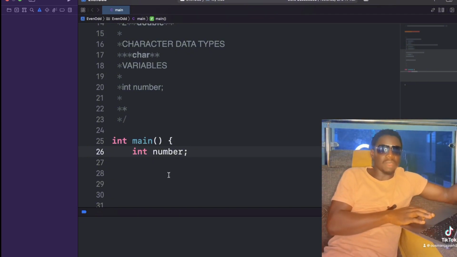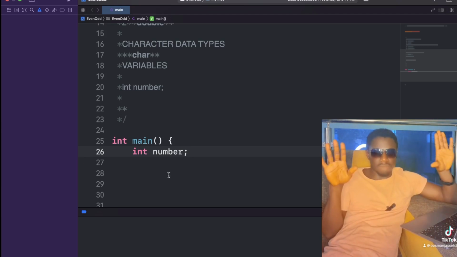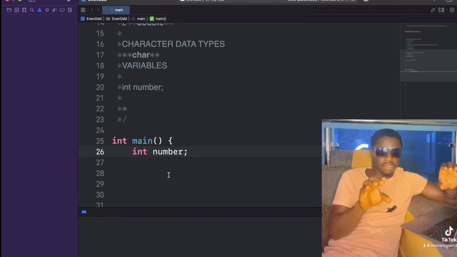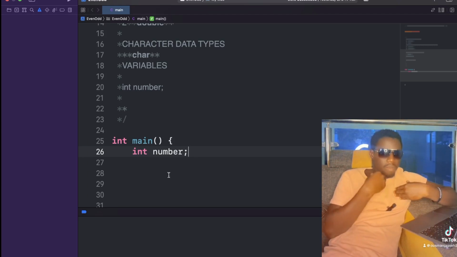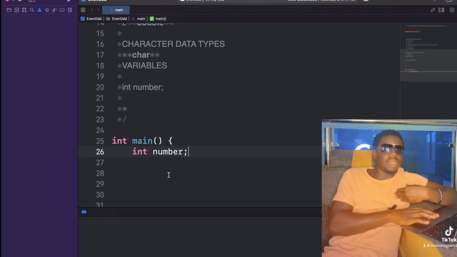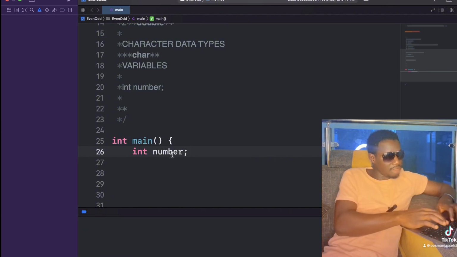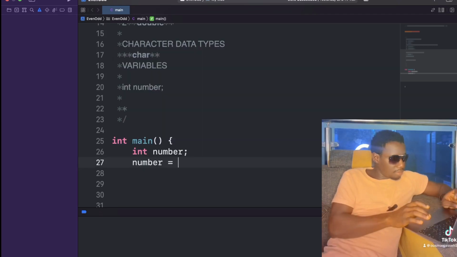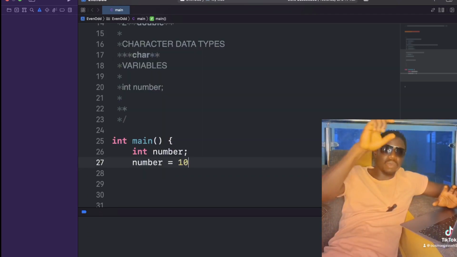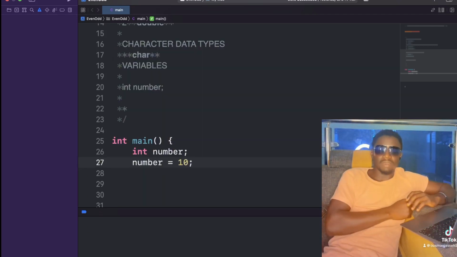Even though it is linked with a particular address, only the compiler and the computer know those numbers. But at my level as a human being, I know that the address name is number. So if I say number equals 10, this 10 will be picked and put in the number category.